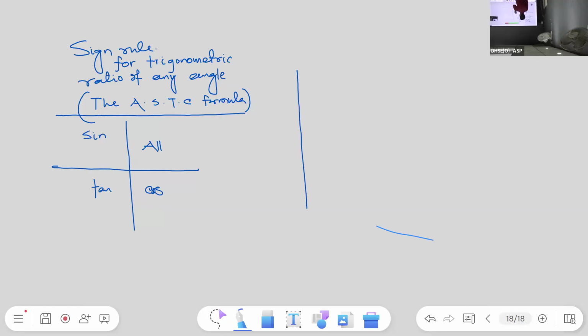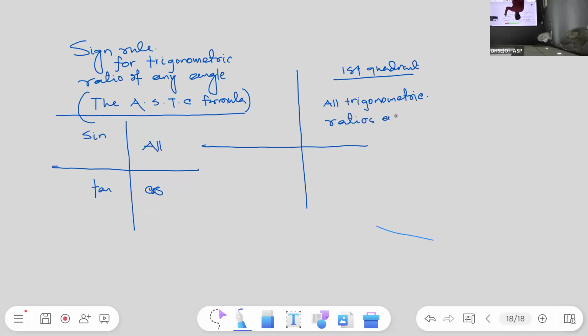In first quadrant, all trigonometric ratios are positive. In second quadrant, sine and cosec are positive.